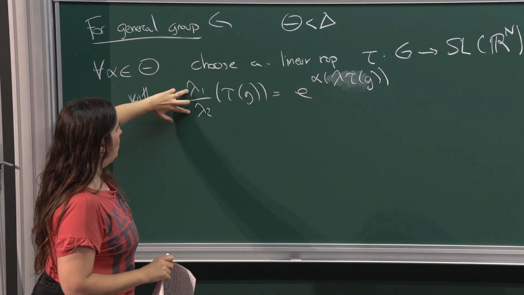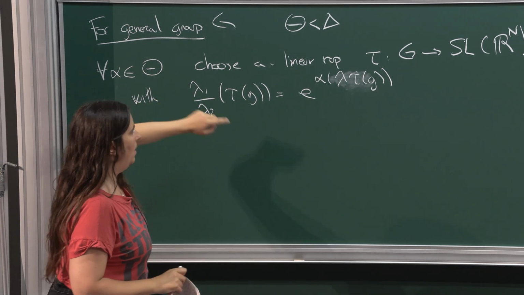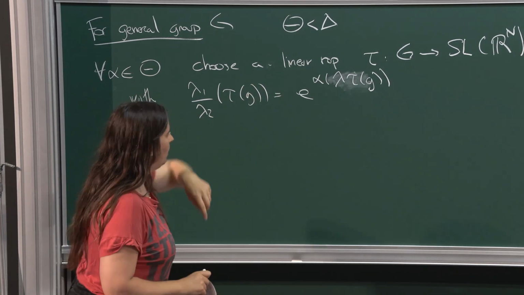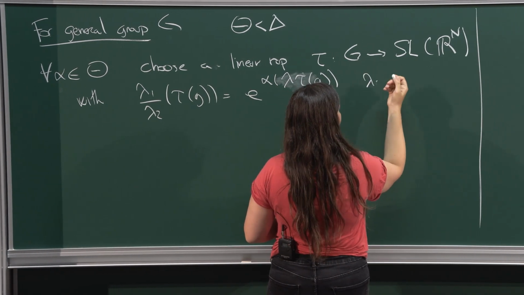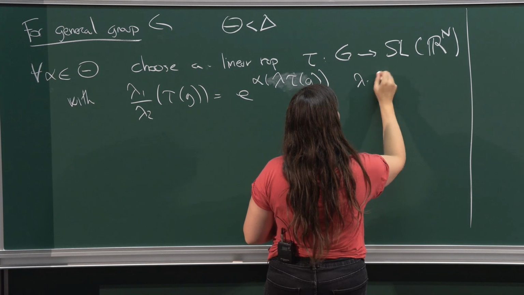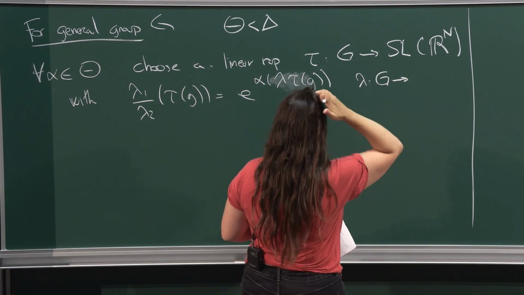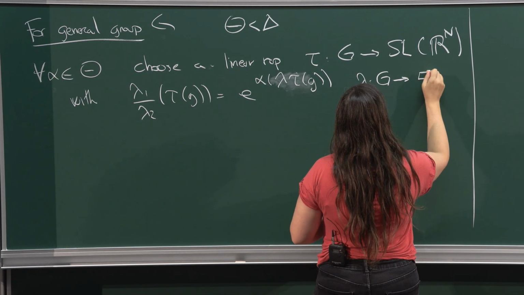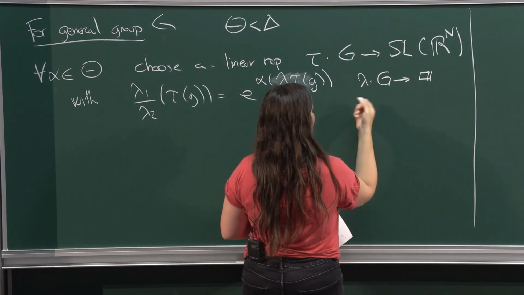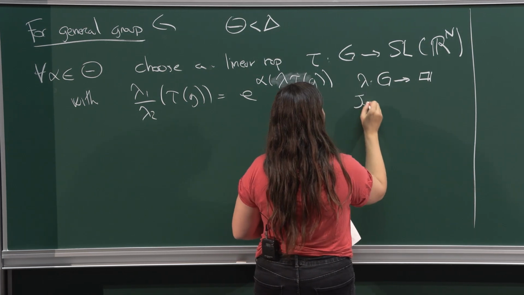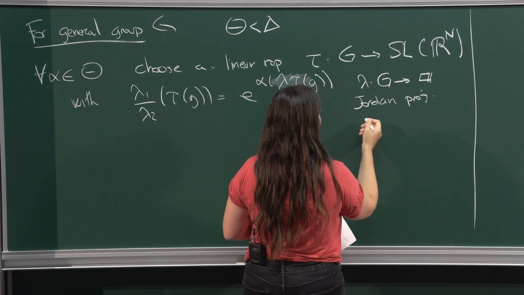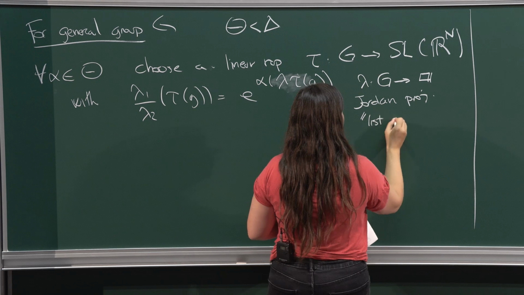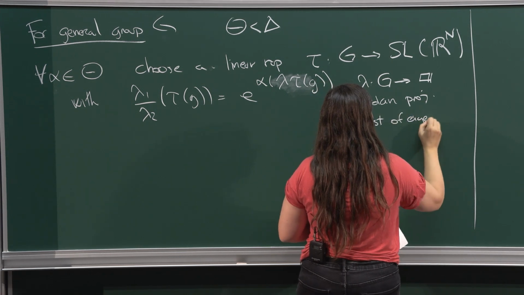No, I mean, the ratio of the eigenvalues is e to the alpha of lambda of g, where lambda from G to A is the Jordan projection, which is the list of eigenvalues.